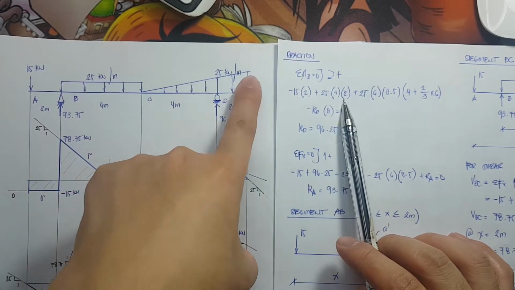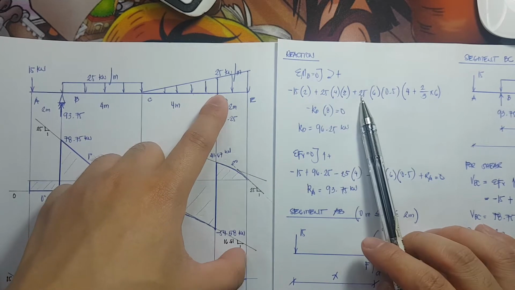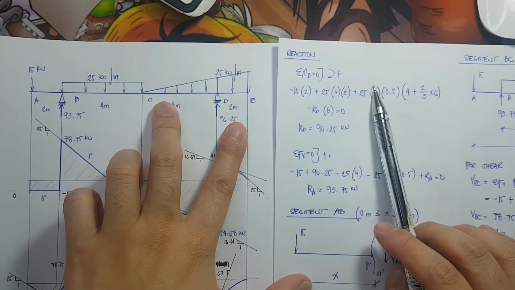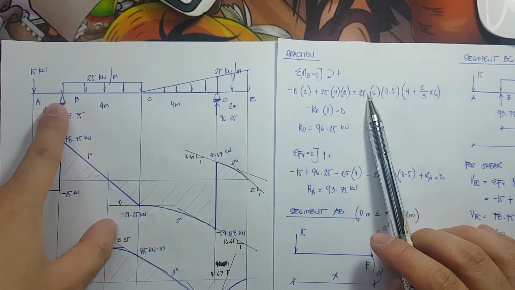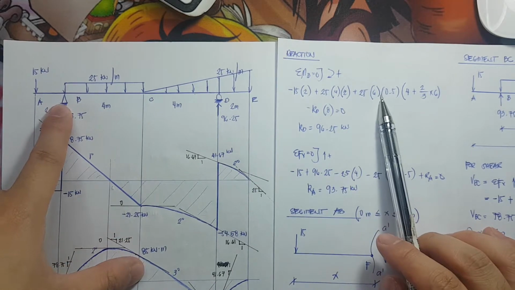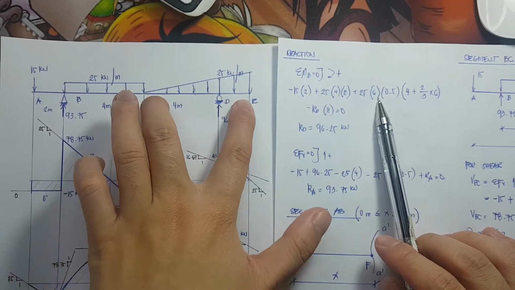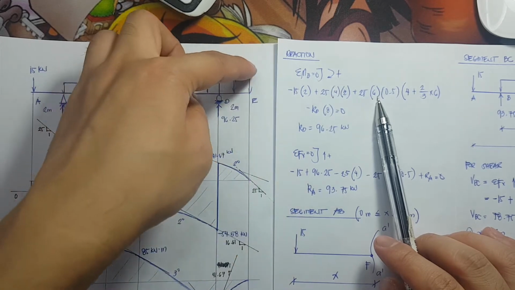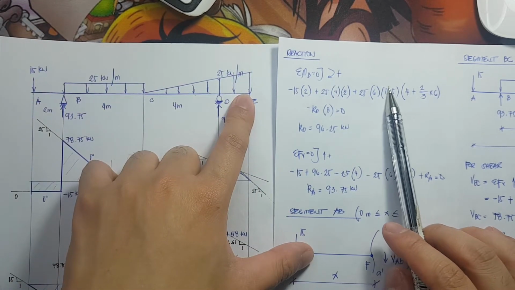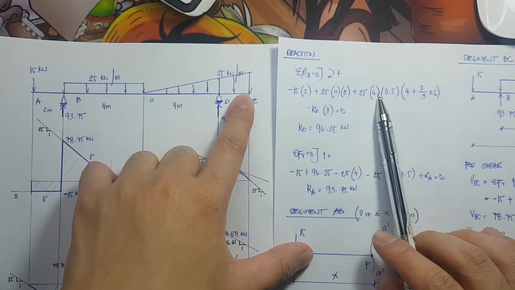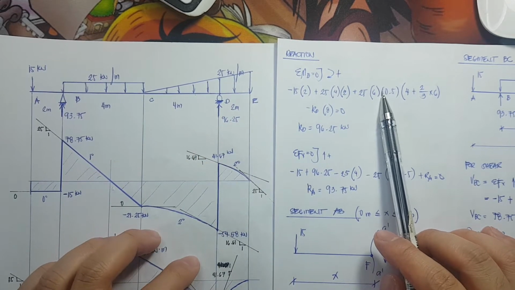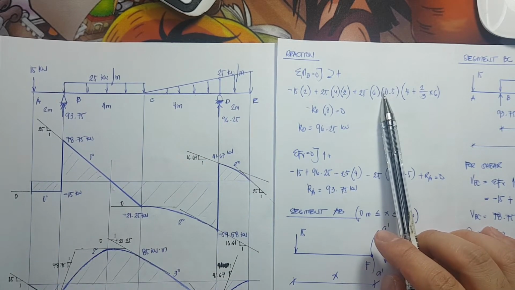Next, you also have your uniformly varying load of 25, and it has a span of 6. It is rotating clockwise, therefore it is positive, times the span of 6 times 0.5 because it is a triangular load. Don't forget to multiply it by 0.5 if it is a triangular load or uniformly varying load.